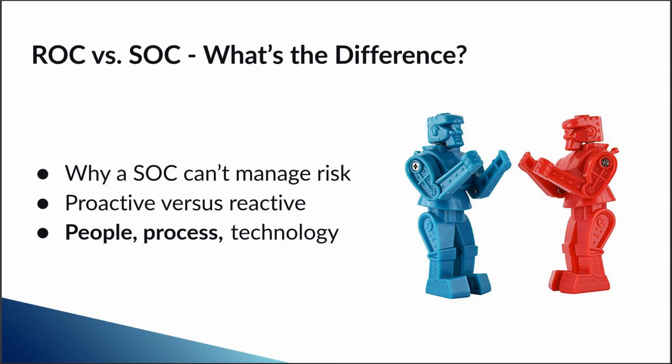The other thing I would call out here as a difference between a ROC and a SOC is lately, with so much emphasis on third-party risk management, the question of where that lays in the continuous monitoring of those relationships. I think a SOC, or I should say a ROC, is a really good place to put that function, right?